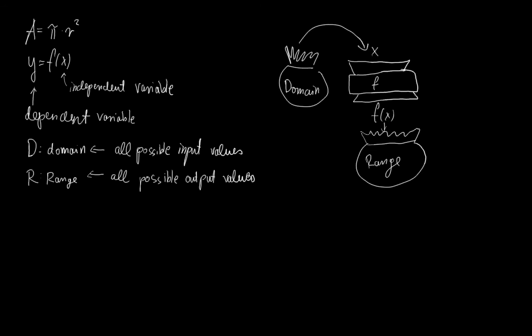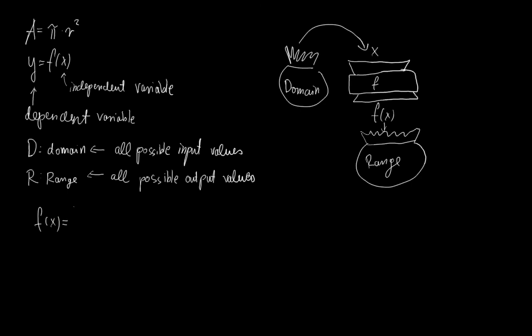So this is an element of my range, and whenever I try to feed my machine numbers outside the domain bag, it will indicate an error because I cannot feed it numbers outside the domain bag.